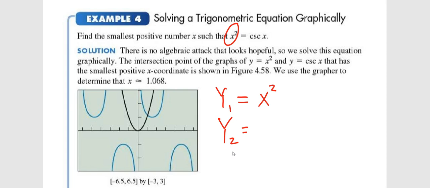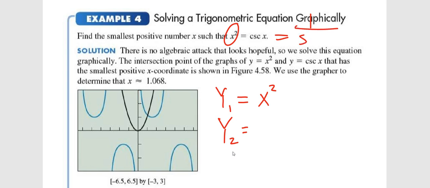What goes in equation 2? No, good try. I like what you're thinking though. You know there's no cosecant button on the calculator, so we got to think differently about this. No, it's not second cosine because that would be sine inverse. Totally different.